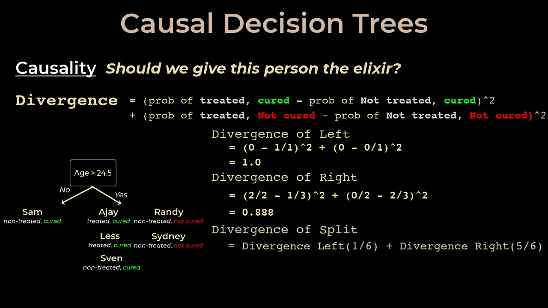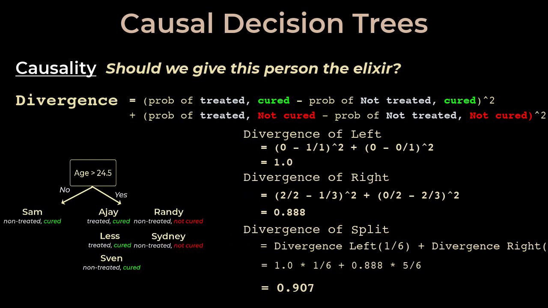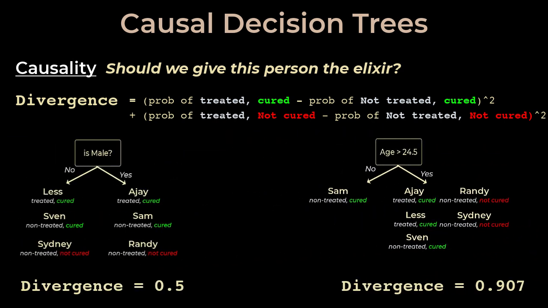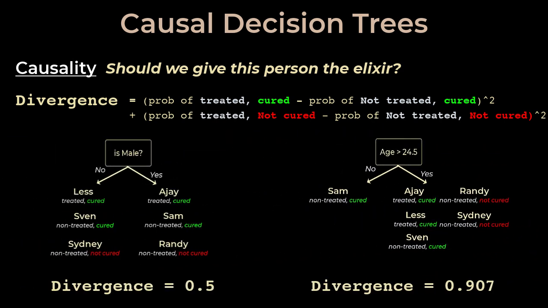And then computing the weighted average of the left and the right nodes, we get 0.907 as the divergence of the age greater than 24.5 split. So it looks like the divergence of this age split is higher than that of the gender split, and this means that the split of age leads to more pure nodes and is indicative of a better split.